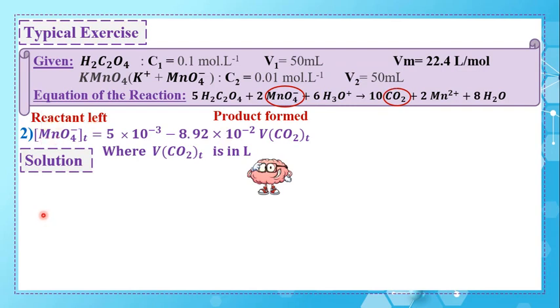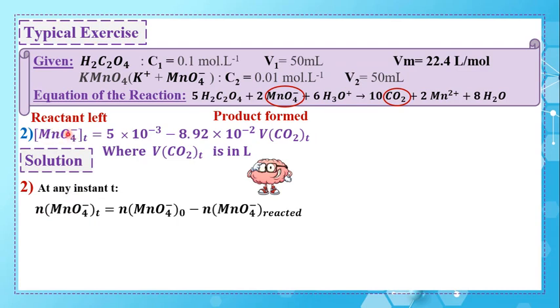So I can start by saying that at any instant t, the number of mole of MnO4- at t is equal, since it is a reactant left, to the initial number of mole minus the number of mole that has reacted, okay? So I have started like the beginning of the relation that I want to prove by saying n of MnO4- at instant t.